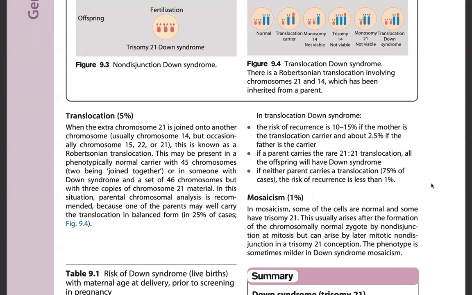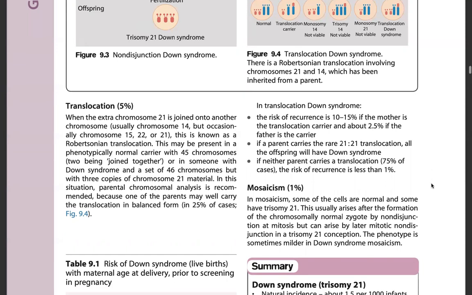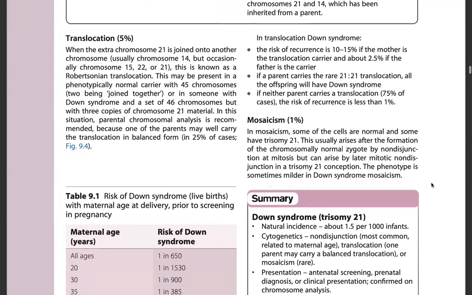If neither parent carries a translocation, in 75% of cases, the risk of recurrence is less than 1%. Mosaicism: some of the cells are normal and some have trisomy 21. This usually arises after the formation of a chromosomally normal zygote by non-disjunction at mitosis, but can arise by later mitotic non-disjunction in a trisomy 21 conception. The phenotype is sometimes milder in Down syndrome.